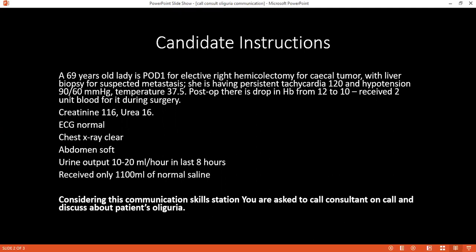And if a major vessel is bleeding, then what will be your plan of action? If maybe the superior mesenteric artery is bleeding, how will you diagnose it and how will you manage this case if the BP is going down?